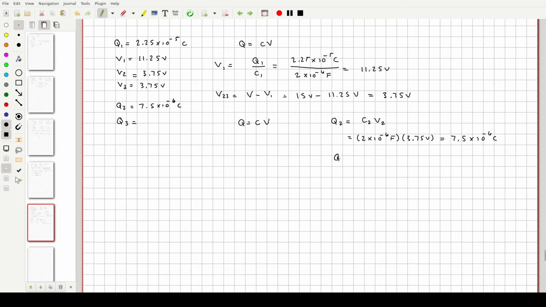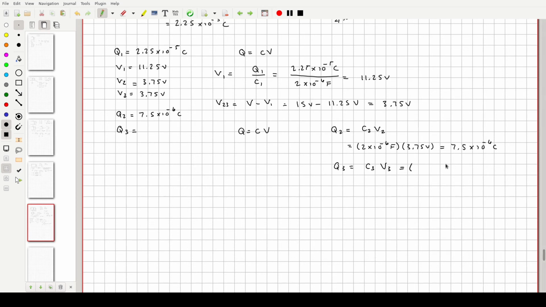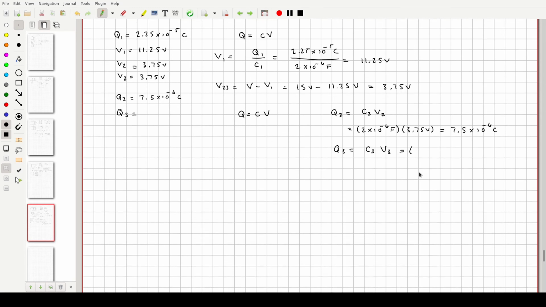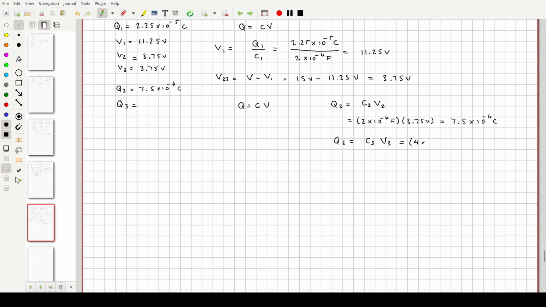Q3 is C3 times V3. C3 is 4 times 10 to the minus 6. V is the same. That gives 1.5 times 10 to the minus 5th.